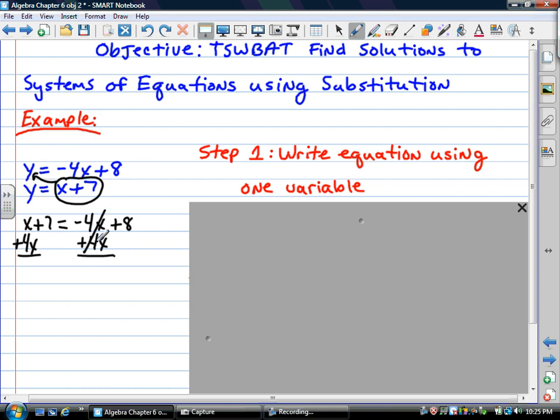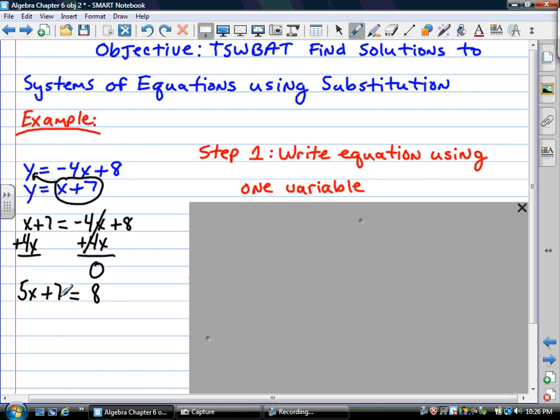Negative 4x and positive 4x are going to cancel each other out. That's going to be 0. That's on the right side of the equation. On the right side of the equation, I'm left with positive 8. On the left side of the equation, though, I have 1x plus 4x, which is going to be 5x. I still have my plus 7.